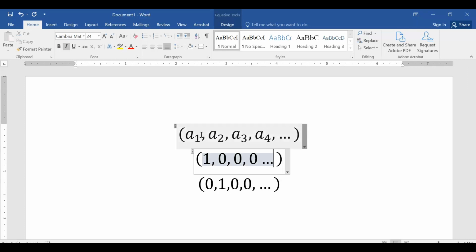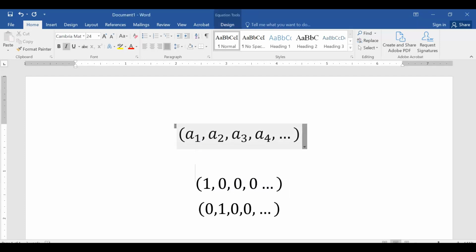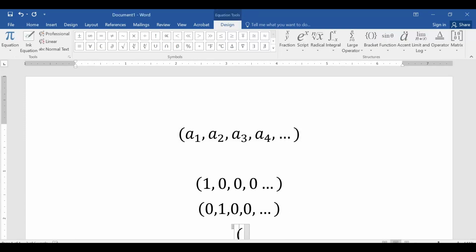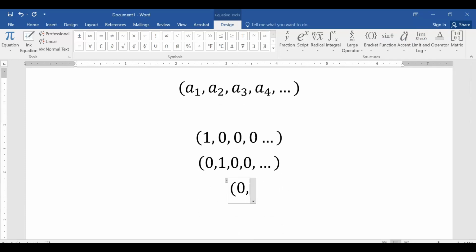Basically you can think of a basis consisting of these infinite sequences where we have a 1 in the spot Ai and zeros elsewhere. I didn't explain that well, but hopefully that all makes sense.